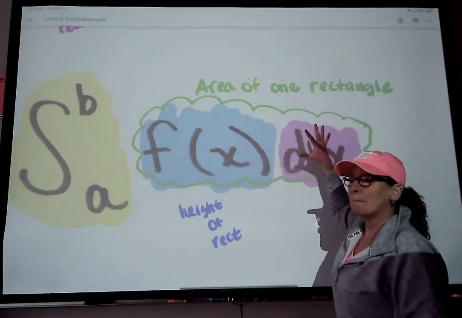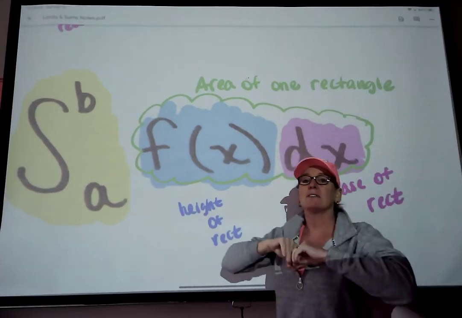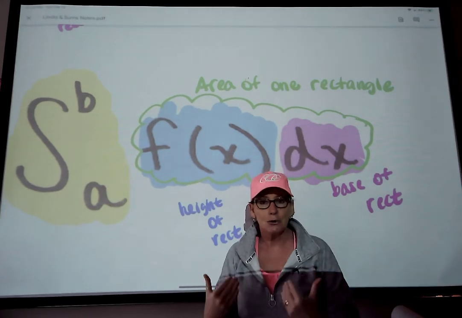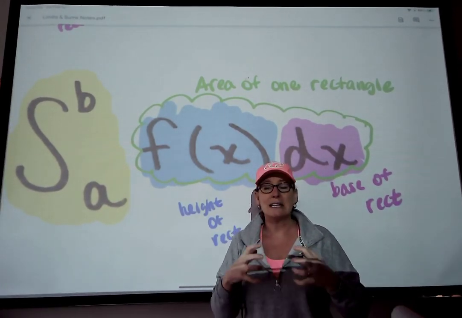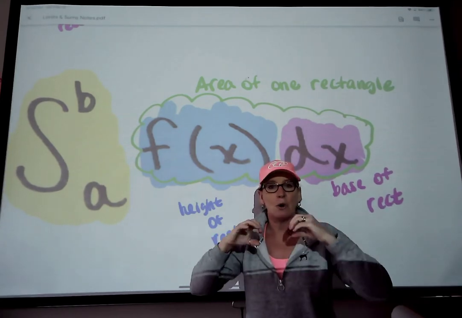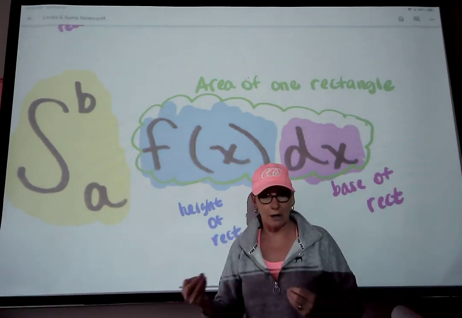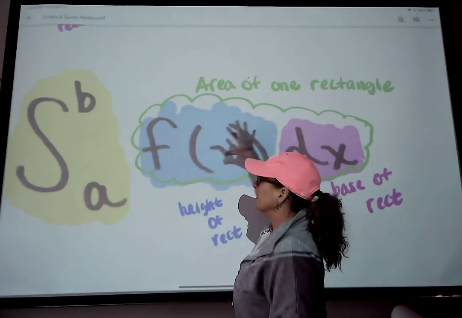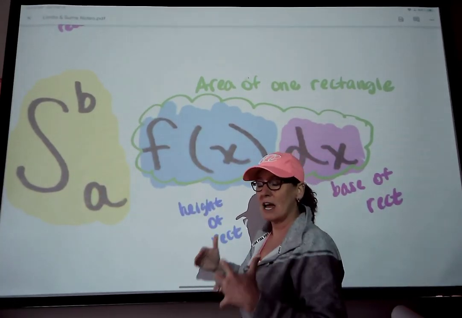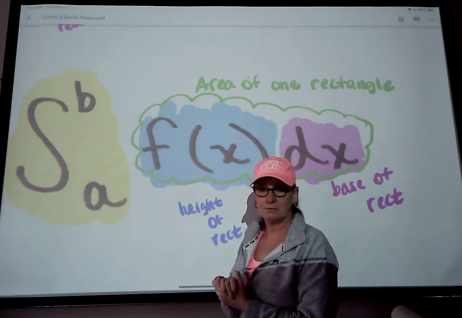One-dimensional by one-dimensional gives us area, a two-dimensional measurement. That's what you've been doing, obtaining two-dimensional measurements, square units. Remember, this accumulates. These two things represent the area of one rectangle.